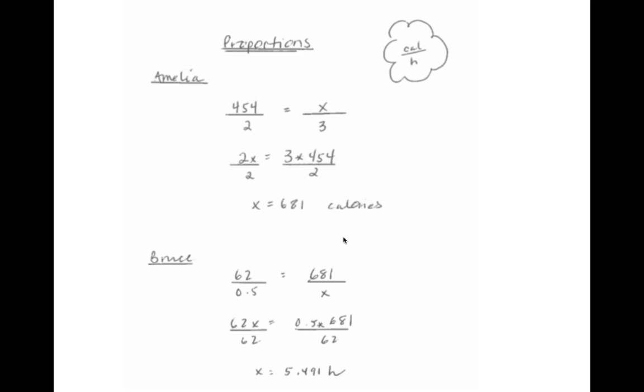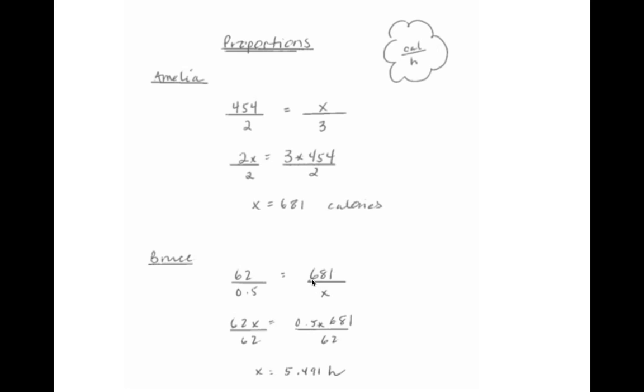Next, Bruce. Bruce burns 62 calories in 30 minutes, but you will notice that I did not write it as 30 minutes, because I suggested that I'm going to use hours in that spot. So I needed to write down that this is half of an hour, 0.5.